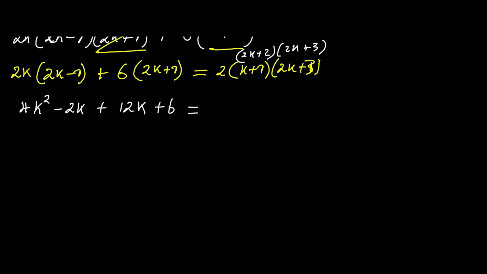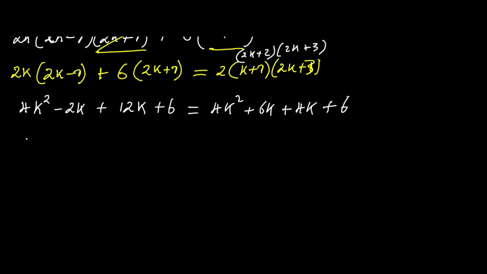To do the multiplication here, 2k times 2k will be 4k squared, 2k times 3 is going to be plus 6k, and 2 times 2k will be plus 4k, and 2 times 3 will be plus 6.